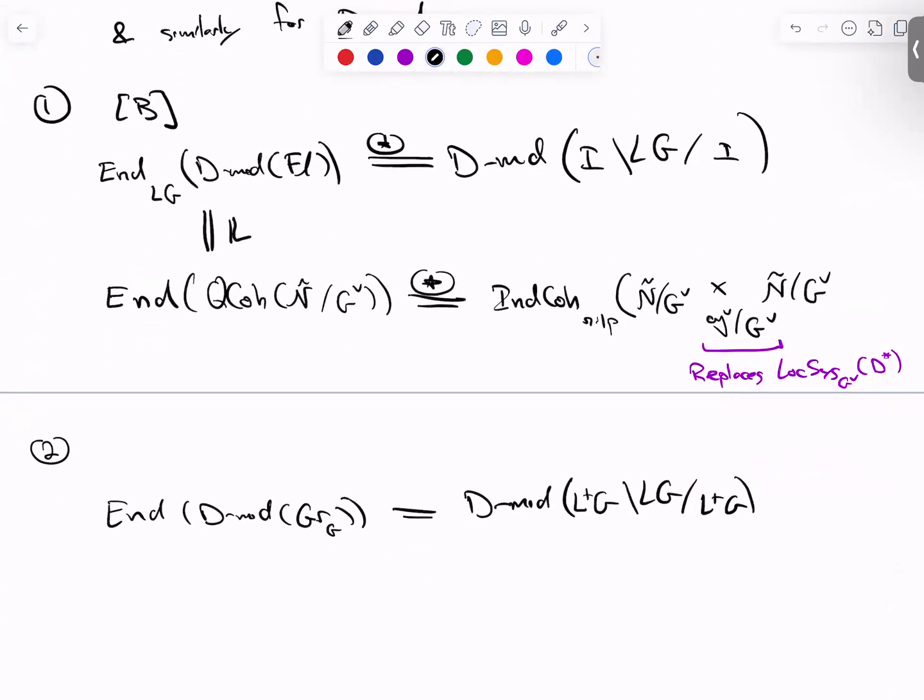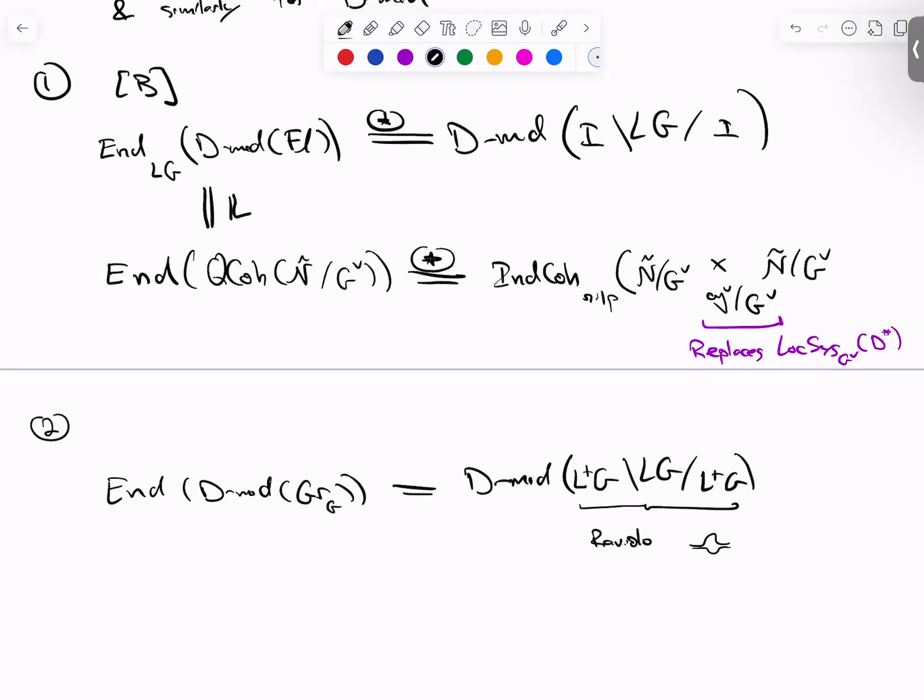And what people like to call this space geometrically is the raviolo. So it looks sort of like you're gluing two disks along their puncture. I don't know how to draw this, best attempt. Okay, and then on the dual side, we compute endomorphisms of quasi-coherent sheaves on point mod G check.